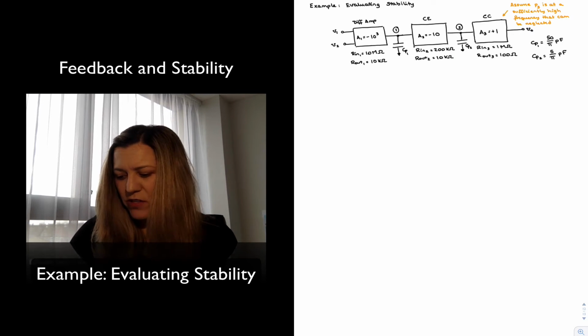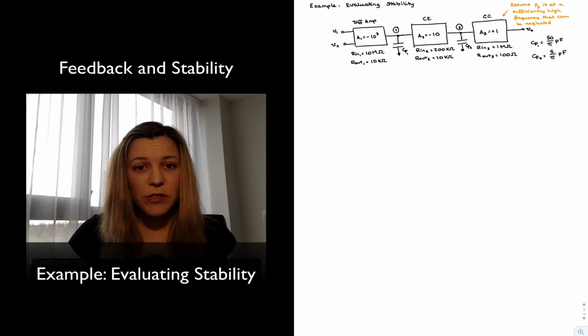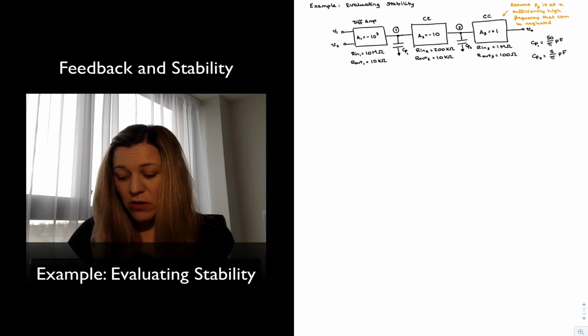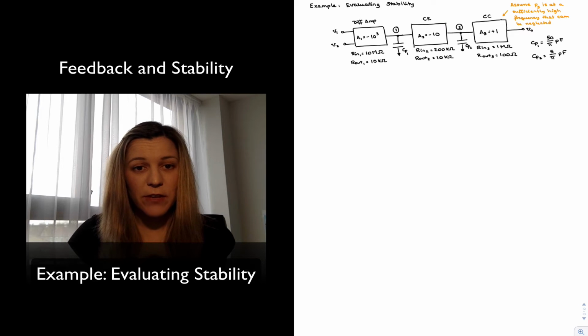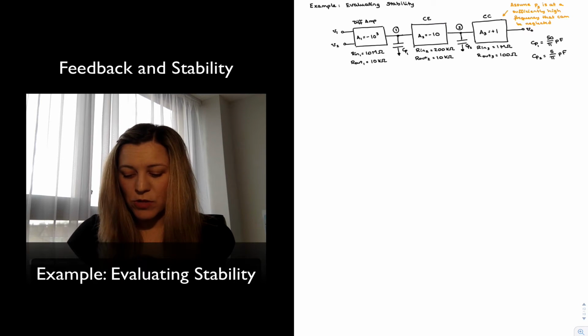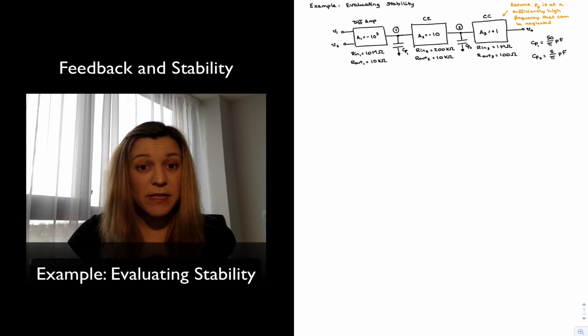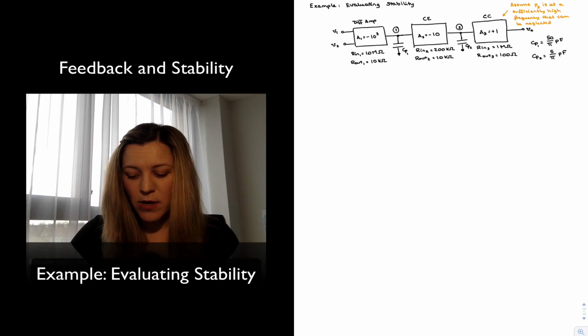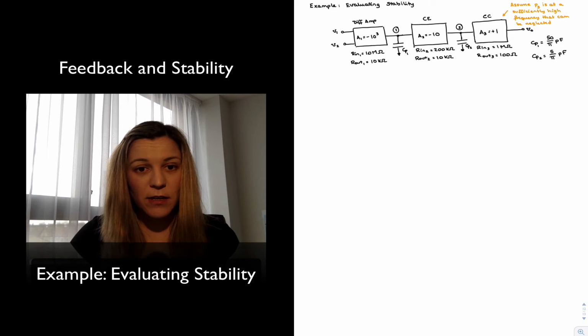The reason why I've made CP1 about 10 times larger is because we have a common emitter amplifier with a gain of 10, and if you remember, there was that base to collector capacitance that got multiplied by the gain due to the Miller effect. And so it's reasonable to assume that the pole due to the capacitance sitting at node number 1 is going to be the dominant pole of the 2.